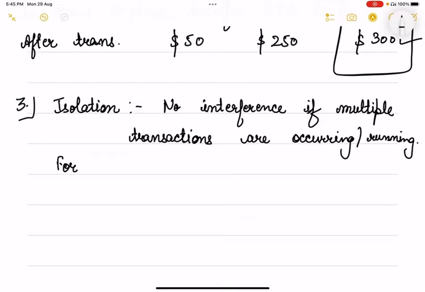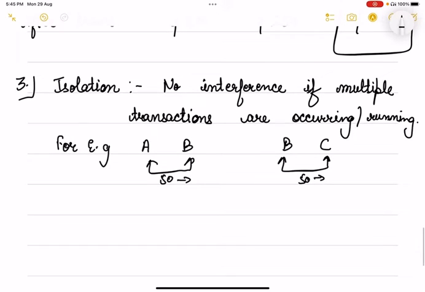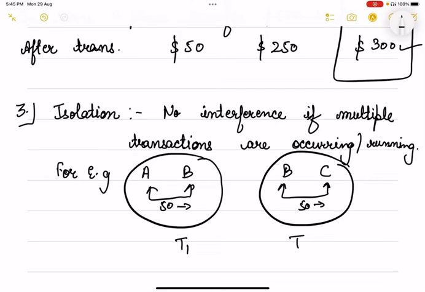For example, let's say some transaction is between A and B. A is sending 50 rupees to B, and another transaction is between B and C. B is sending 50 rupees to C. Now there will be no interference between transaction T1 and transaction T2.